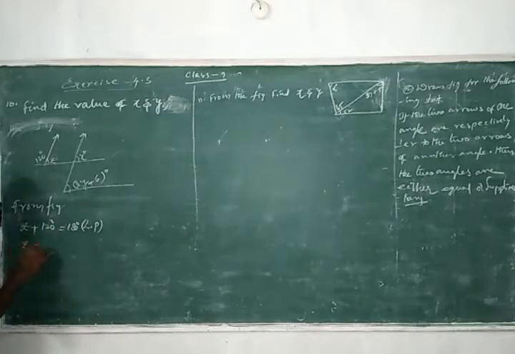Now z is equal to 180 minus 120 degrees. You get the result 180 minus 120 that is 60 degrees. Now therefore z is equal to x is equal to 60 degrees. So the corresponding angles are equal.